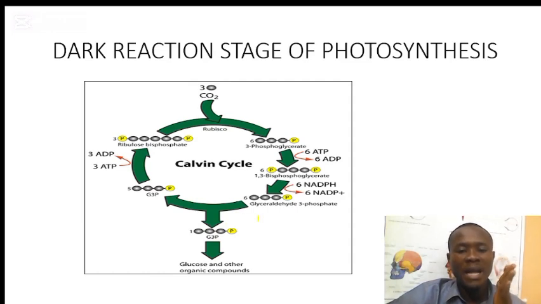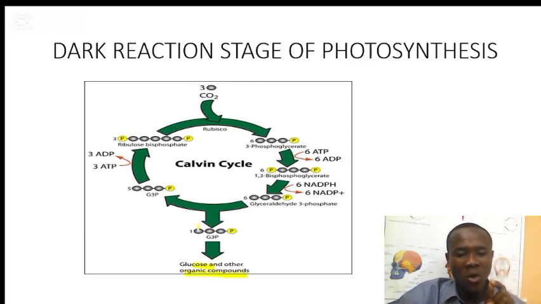Now pay attention on this point, be attentive. As we have it here, we have 6 in front of the glyceraldehyde 3-phosphate. Now what will happen? Of these 6 molecules of glyceraldehyde 3-phosphate, one will be removed from the cycle to form glucose and other organic compounds.